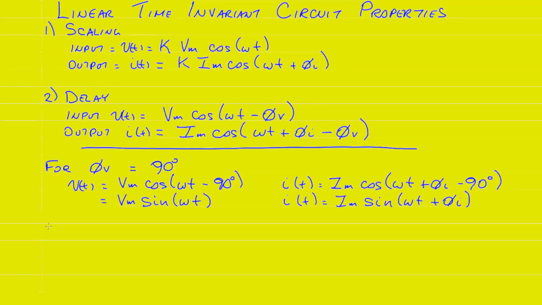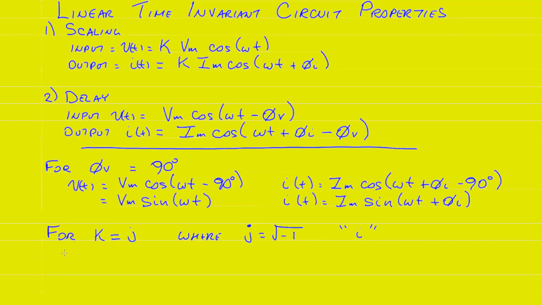The next interesting thing I can do is have a value of k. K, our scaling constant, is simply equal to j, where j is equal to the square root of minus 1, or an imaginary number. Some of you might think of it as the letter i instead. In circuits, we tend to prefer the letter j because i is already taken for current.